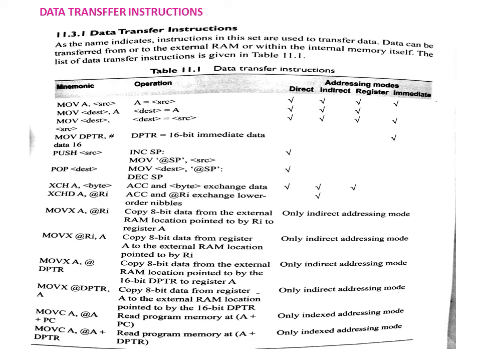Then XCHG, XCH, these are all exchange instructions. If you observe all the instructions we discussed in this slide, only data is transferring from one location to another location. There are no calculations involved. That's why these are known as data transfer instructions.